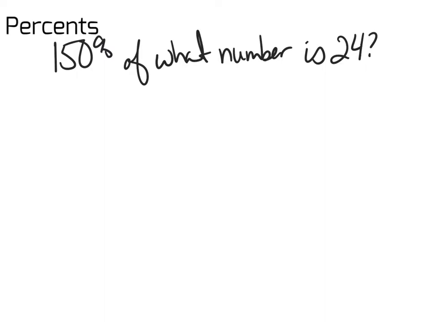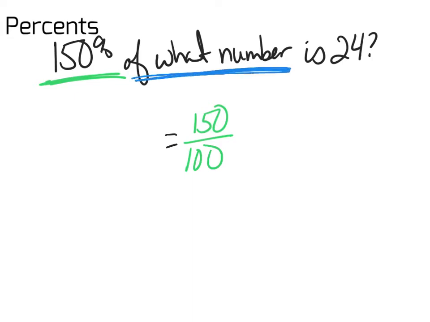Here is one more question. 150% of what number is 24? The first thing that jumps out to me is that 150%. That's my percent again. Of what number? Of, remember, is your whole number. I don't know what that number is, so I'm going to put a W down there. Is 24. So 24 is my part.